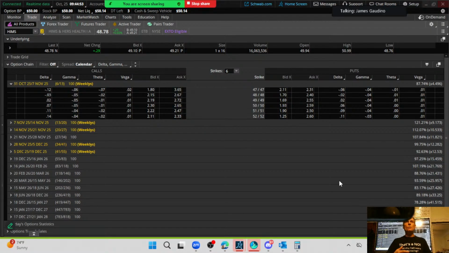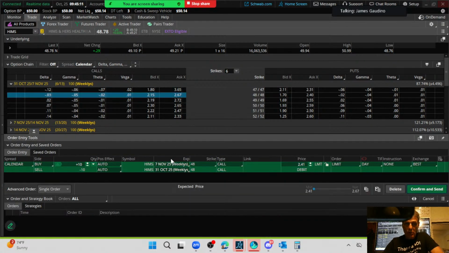And then the short, well, that would be this week. We're looking to get out this week, but we're looking to jump in 90 days out. So we do one right here. We want to do the 48 because that's where the stock is at the moment. We're going to take from November 7th all the way out to January 12th.